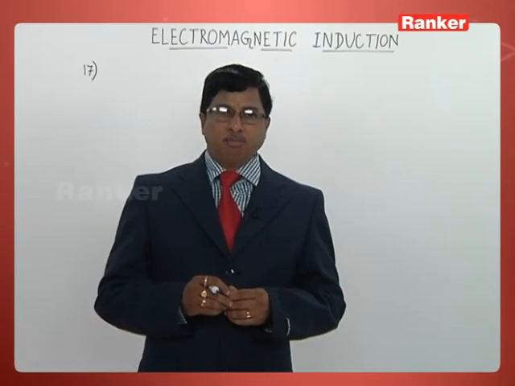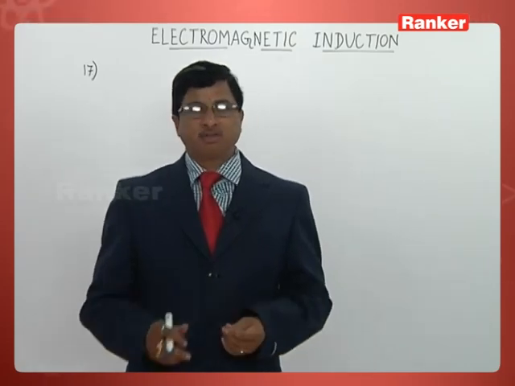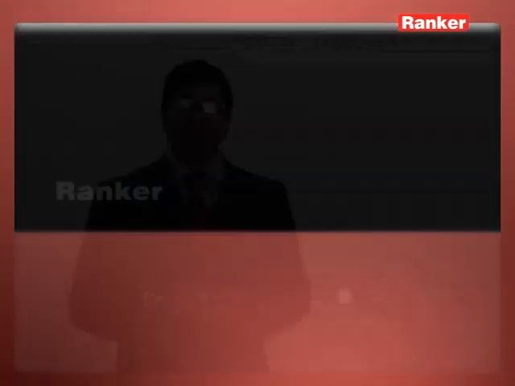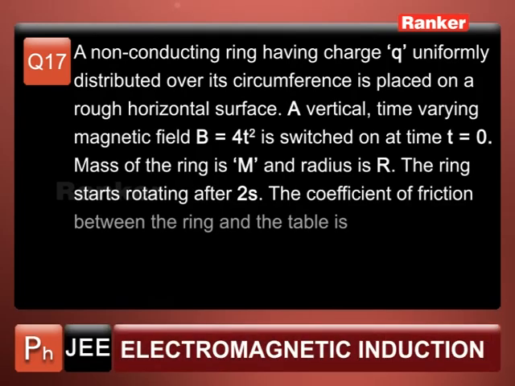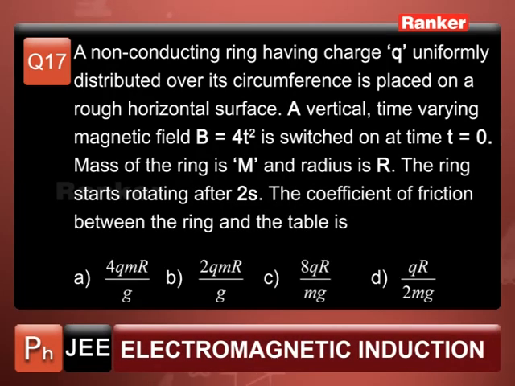Let us check the next one, that's problem number 17. Let me read it out. A non-conducting ring having charge Q uniformly distributed over its circumference is placed on a rough horizontal surface.